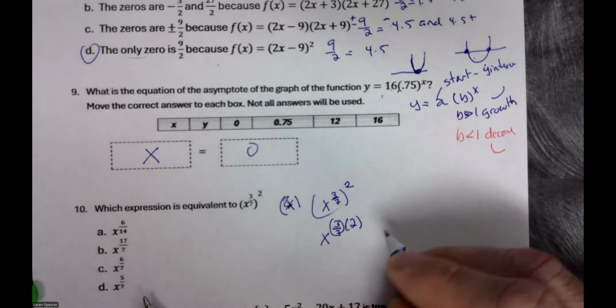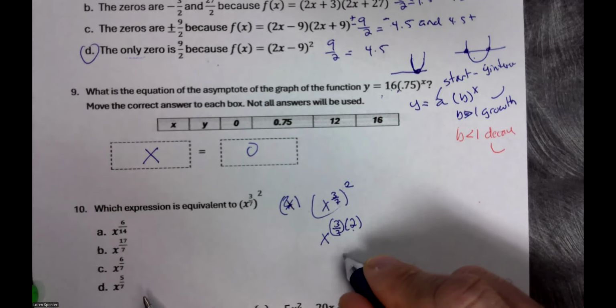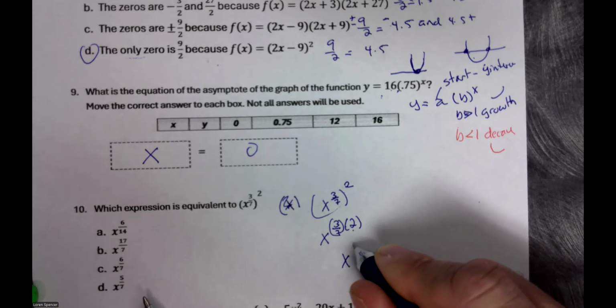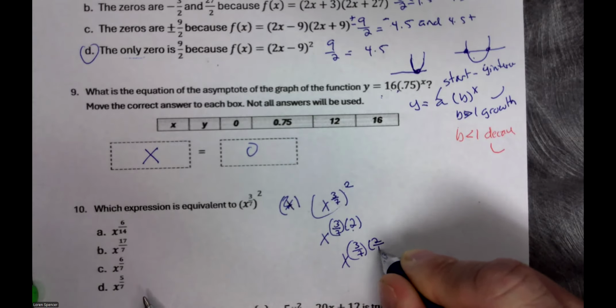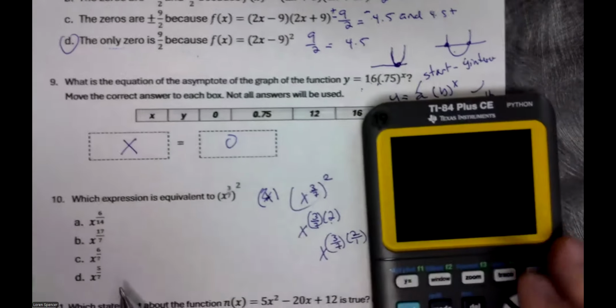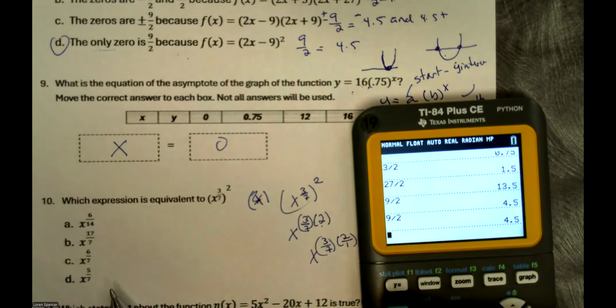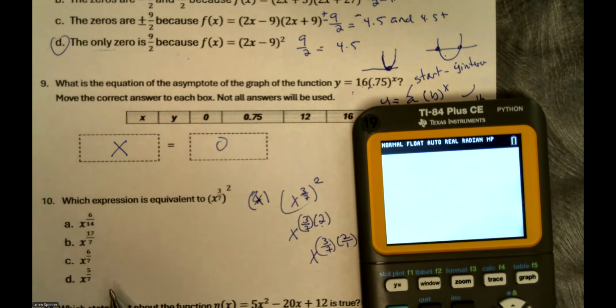Well, if you don't remember for sure, turn that into a fraction, and then we have 3/7 times 2 over 1. So I can use the calculator to do this. Parenthesis 3 divided by 7, parenthesis 2. And I can put 2 divided by 1 or just 2.